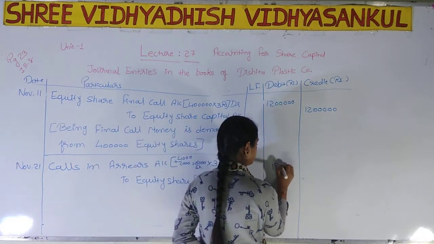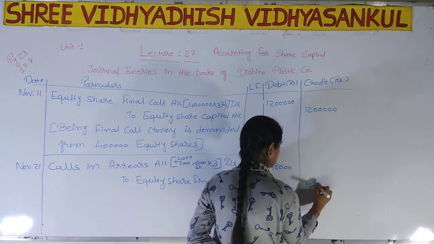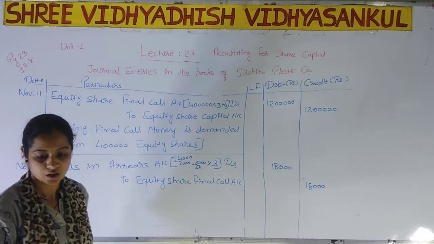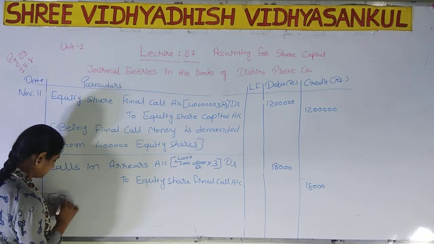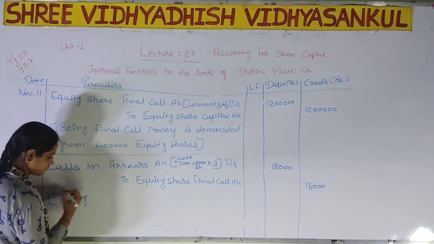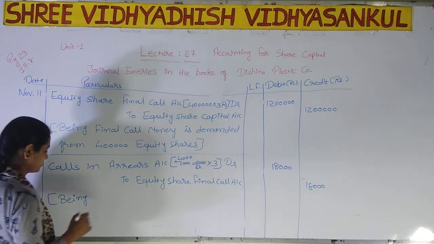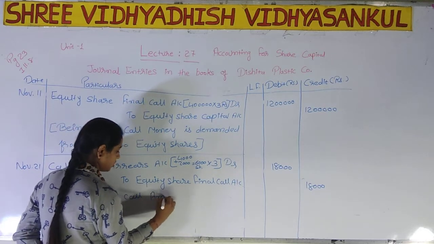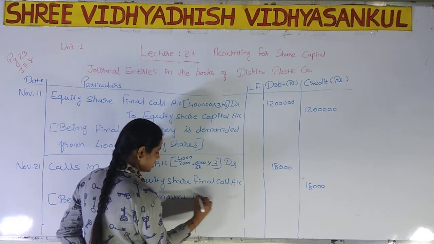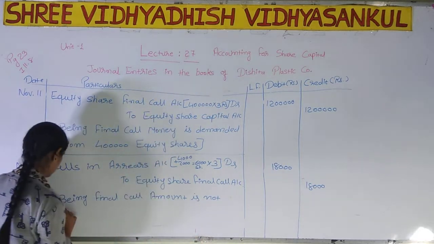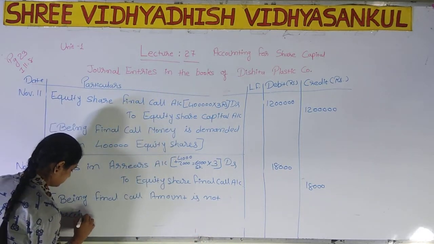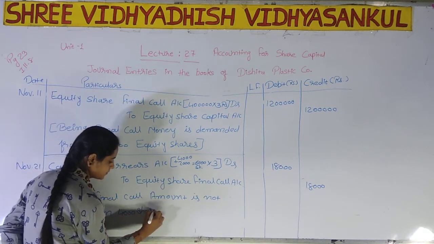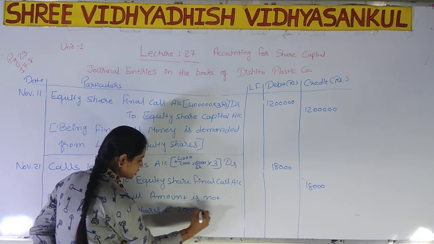That means in total we have not received 18,000 rupees from final call, right? Now we have to write being final call amount is not received on 4,000 shares and 2,000 shares.